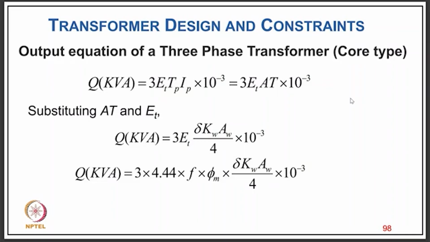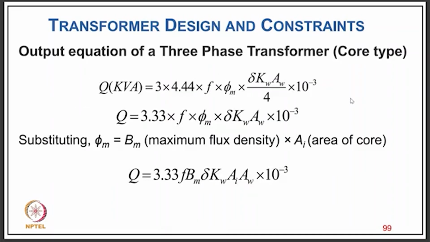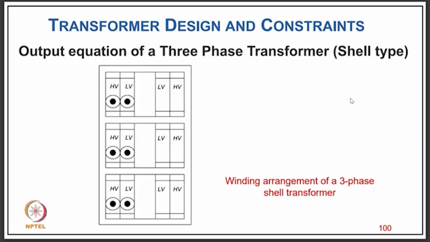So now Q equals 3 into 4.44 into f into phi m sigma Kw Aw by 4 into 10 power minus 3, and finally Q becomes 3.33 f phi m sigma Kw Aw into 10 power minus 3. Putting the value of phi m, which is Bm into Ai, Q becomes 3.33 f Bm sigma Kw Ai Aw into 10 power minus 3. This is the output equation of the 3 phase core type transformer.